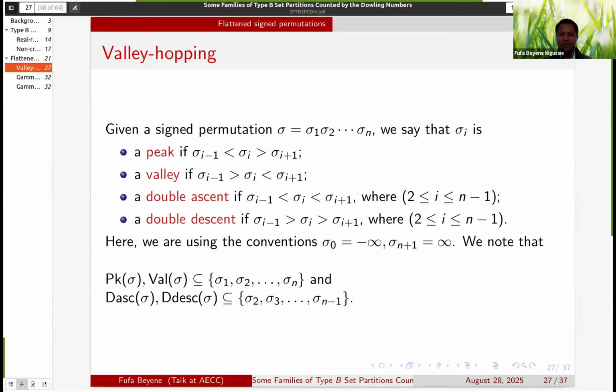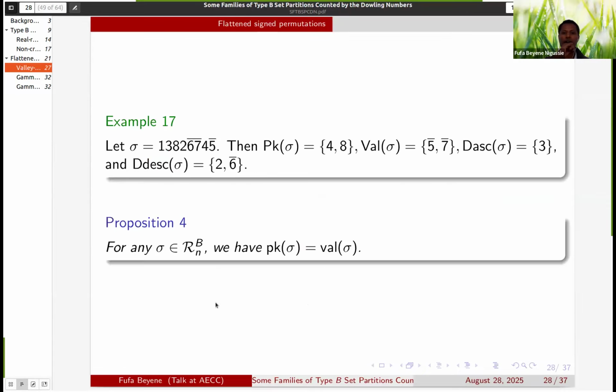So taking sigma 0 to be minus infinity and sigma n plus 1 to be positive infinity, we define the set of peaks, the set of valleys, double ascents, double descents, and their cardinalities. And there is an example here.